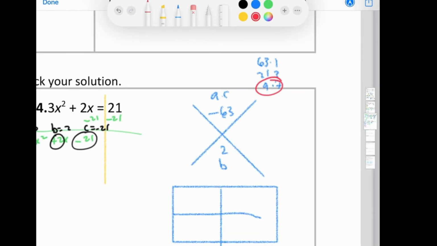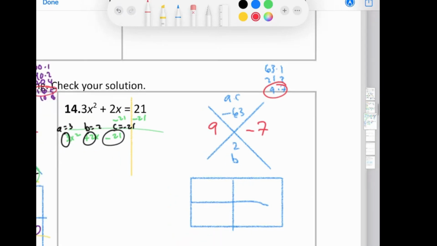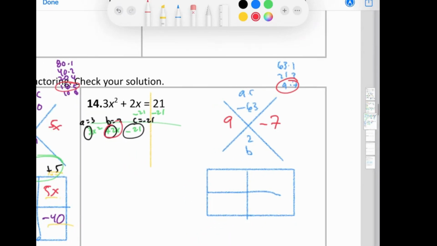Winner, winner, chicken dinner. 9 times negative 7 gives me negative 63. 9 minus 7 gives me 2. So 9x, negative 7x. They always go in those positions. Always. 3x squared and negative 21.